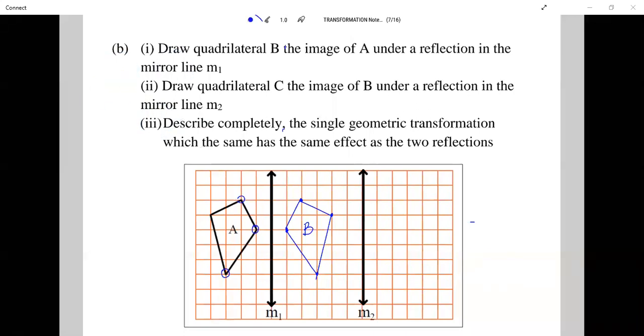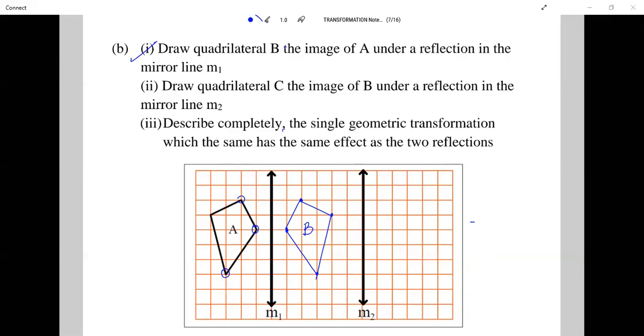All right, so we've done I. I asks us to draw quadrilateral B, the image of A under reflection in the line M1. Then II says draw quadrilateral C, the image of B under a reflection in the line M2.